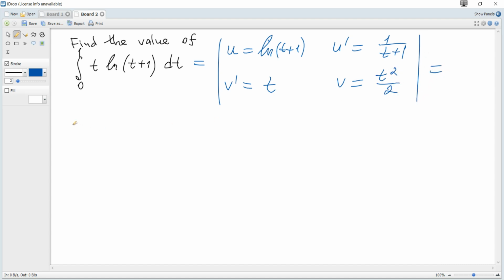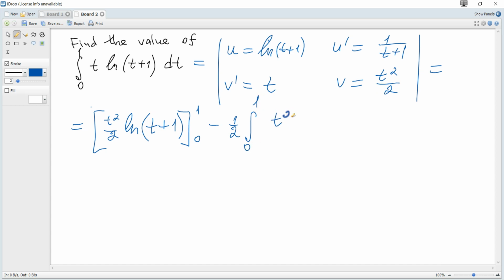Hence it is equal to uv, t squared over 2 ln(t plus 1), and since it's a definite integral, there are limits 0, 1, minus the integral of u prime v, so minus a half, integral from 0 to 1 of t squared over t plus 1 dt.